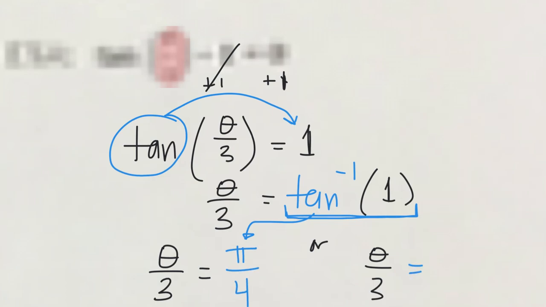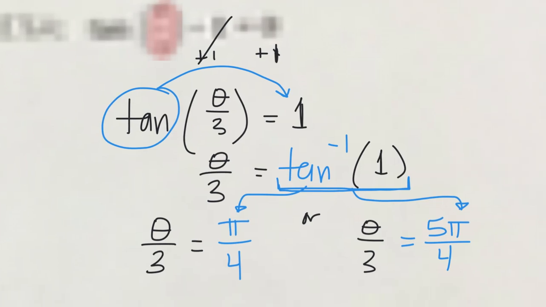And what is the other angle where tangent is 1? 5 pi over 4. So tangent is positive in the first quadrant, and tan is positive in the third quadrant. So pi over 4 is your first quadrant angle where tangent is 1, and 5 pi over 4 is your third quadrant angle where the tangent has a value of 1.